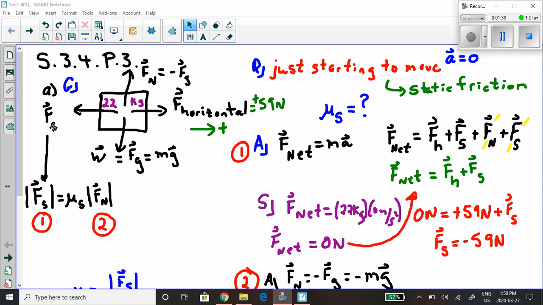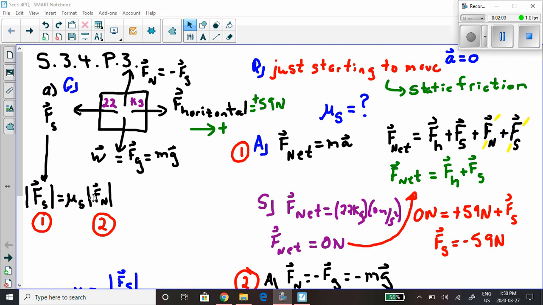Speaking of friction, we remember the equation from the other day. To find the force of static friction, we can calculate the magnitude only. That's all we have. The magnitude of the force of static friction is equal to the coefficient of static friction times the magnitude of the normal force. So what are we trying to calculate here? We're trying to calculate the coefficient of static friction, mu s.